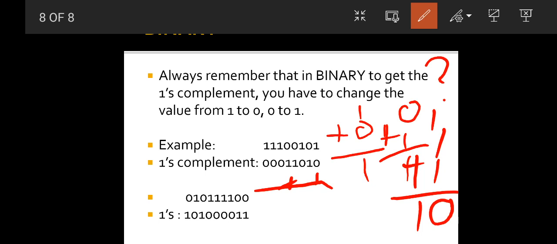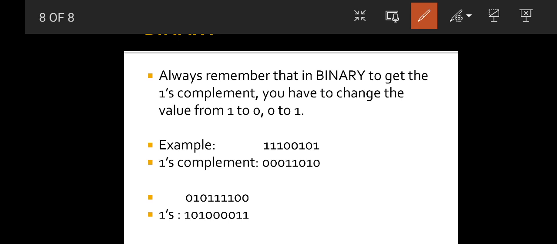If you have 1 1 1, the result for this one is 1, then carry 1 and bring down 1, so the result is 11.